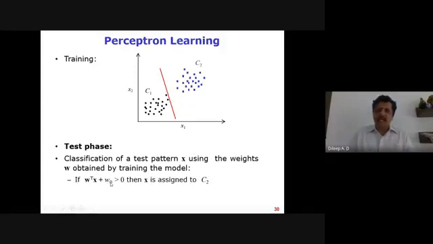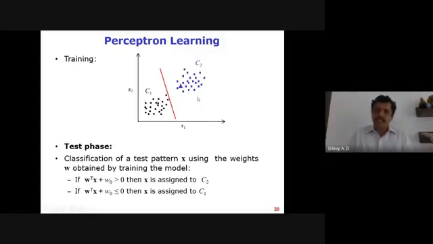If it is greater than 0, it is assigned to class 2, and if it is less than 0, it's assigned to class 1. As an example, if you consider this blue triangle here, when I compute w transpose x plus w naught for this test example, it will be greater than 0 and on the positive side. I'll assign this as class 2.